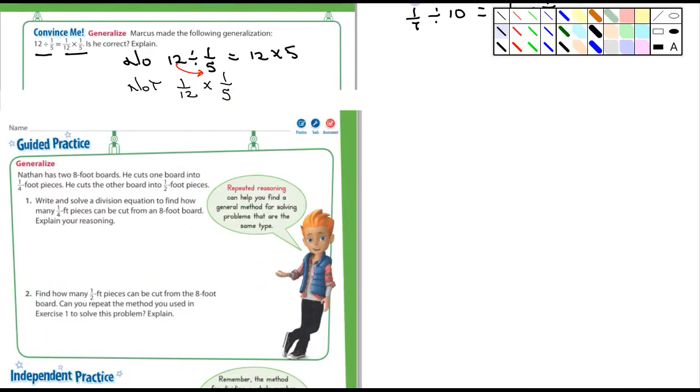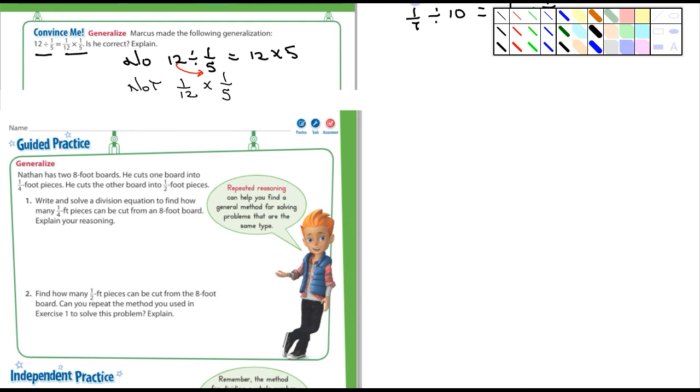All right, guided practice here. I think what I might do with some of these, to use them in Classcraft, is maybe set them up a little bit and then let you guys go from there and figure it out. So this would be a good one here. Nathan has 2 8-foot boards. He cuts one board into 1/4 foot pieces. And he cuts another board into 1/2 foot pieces.